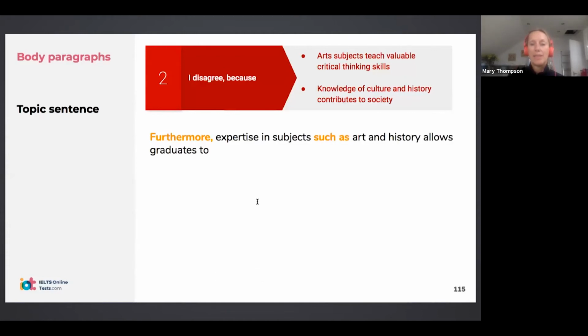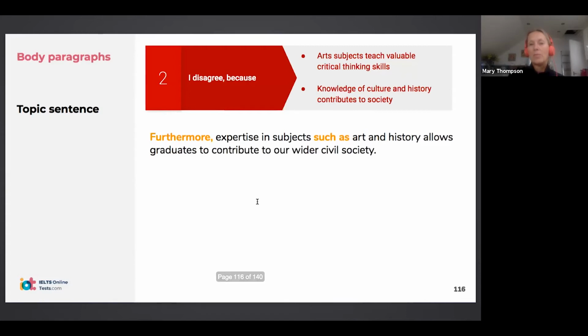So expertise in subjects such as art and history allows graduates to, okay, what does it allow graduates to do? Yeah, so remember we're looking at the second reason here, so to contribute.